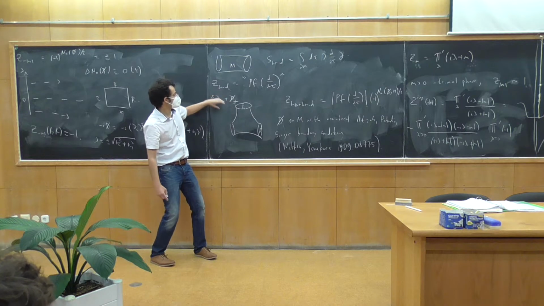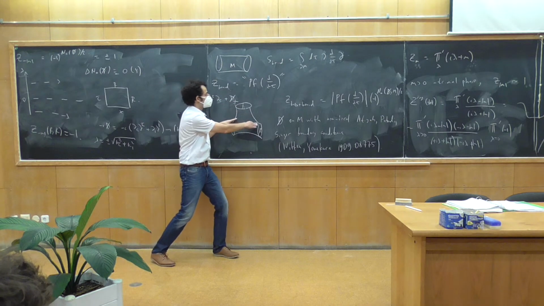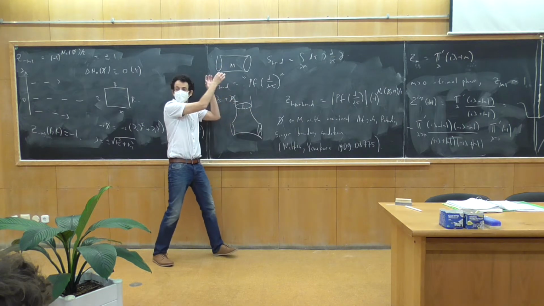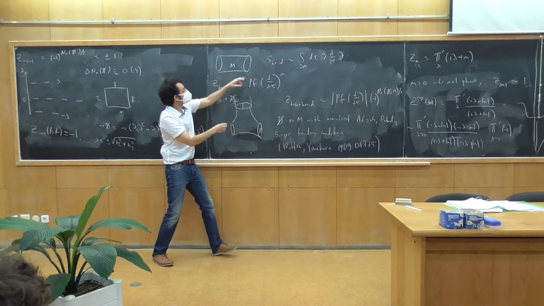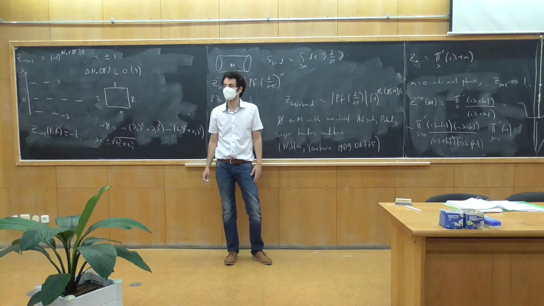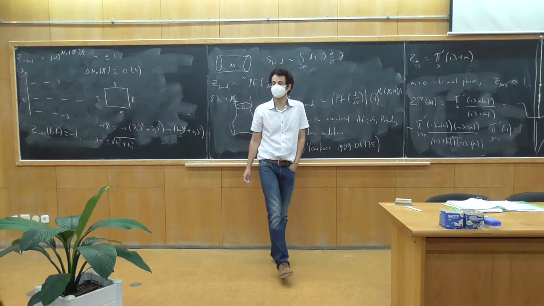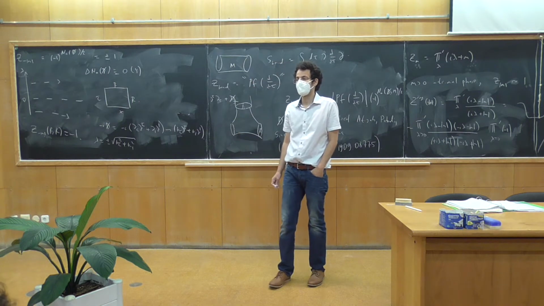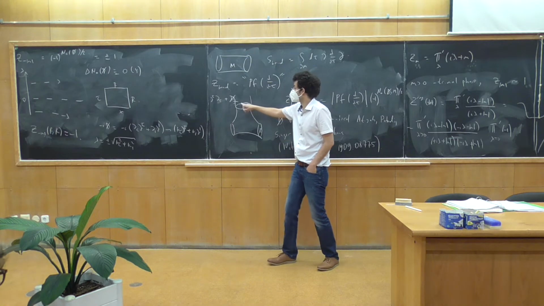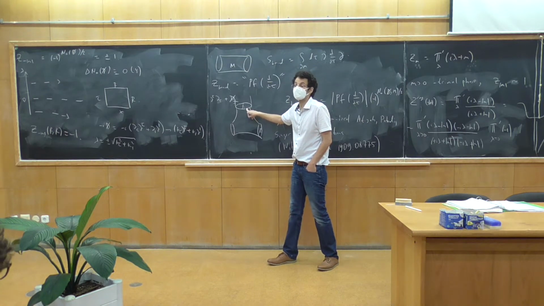If you wish, these are the solutions that, if you extended this collar out to infinity, are zero modes of D-slash that would be normalizable. So this is non-local in the sense that you need to know the whole boundary in order to fix them. It's somehow in terms of the spectrum of the boundary.